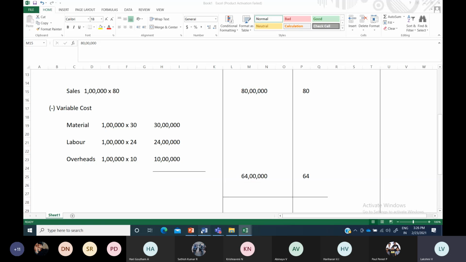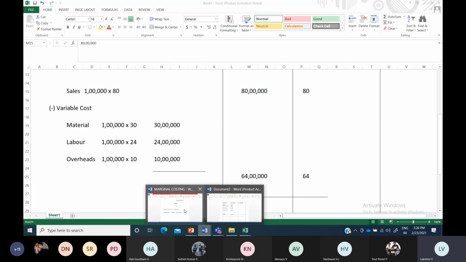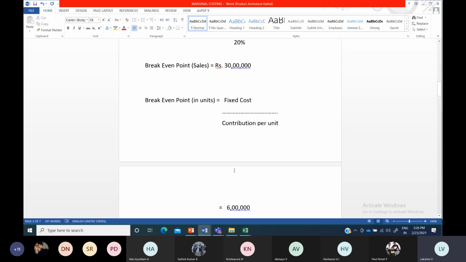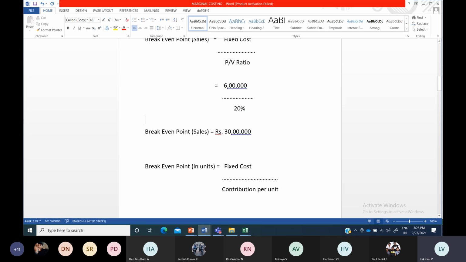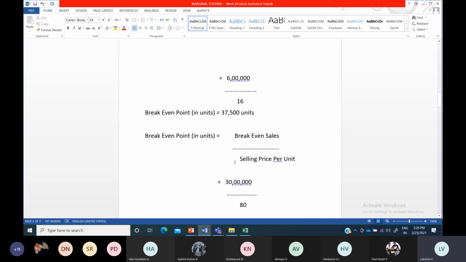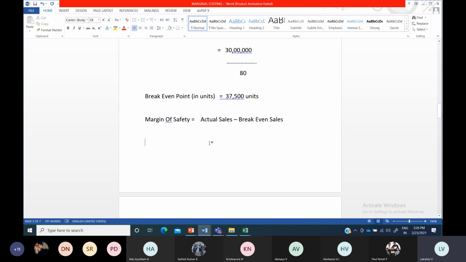Break even sales already we have calculated and kept here. See here, break even sales is 30 lakhs. Actual sales is 80 lakhs. Break even sales is 30 lakhs. So if you subtract these two, you will get the margin of safety. So actual sales is 80 lakhs, amount you are taking here.